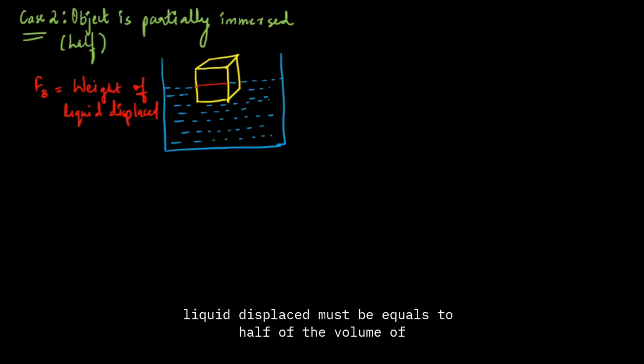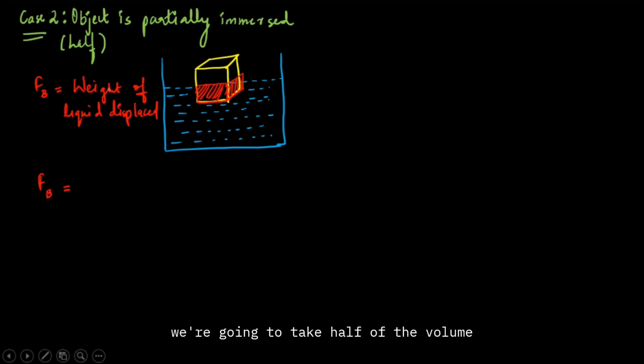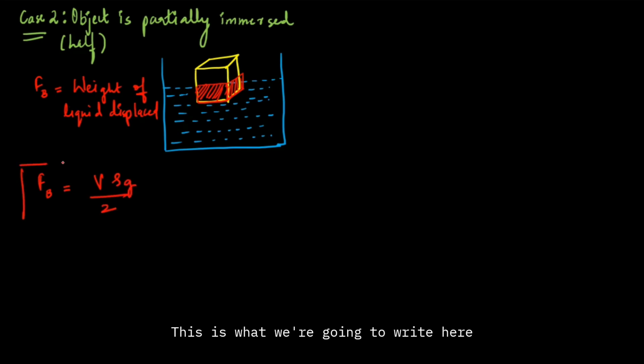The liquid displaced must be equal to half of the volume of the cube. So if I write F_B here in this case, it is equal to half of the volume. Initially, in the first case we took the complete volume, but in the second case we are going to take half of the volume. So V rho g by 2. This is what you can write here.